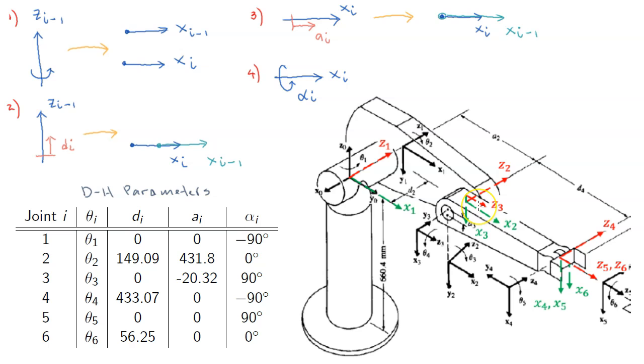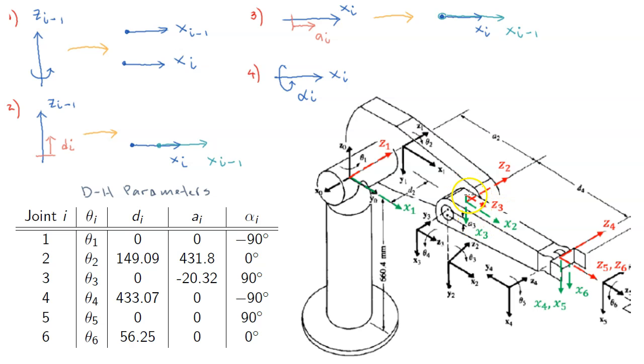So first step, I want to find D4. And before that, we have to ask ourselves how much I have to rotate this coordinate frame 3 about Z3 to make X3 and X4 pointing in the same direction, right? And the answer is they are already pointing in the same direction, so I don't have to rotate.